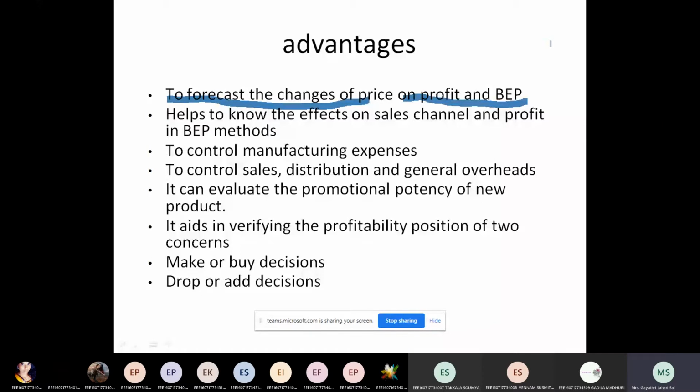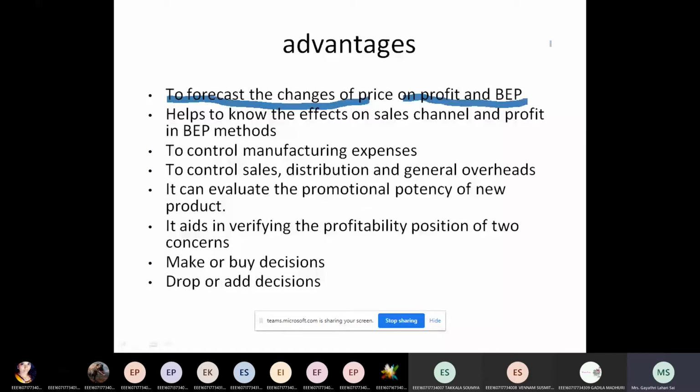Let's say it takes 10,000 rupees if I buy the product, and if I manufacture it on my own it takes only 5,000, then I'll go for manufacturing on my end. So you can have a decision of make or buy. By this break even analysis, or the point you wanted to reach by the graph or whatever analysis, you can decide whether to make or buy.